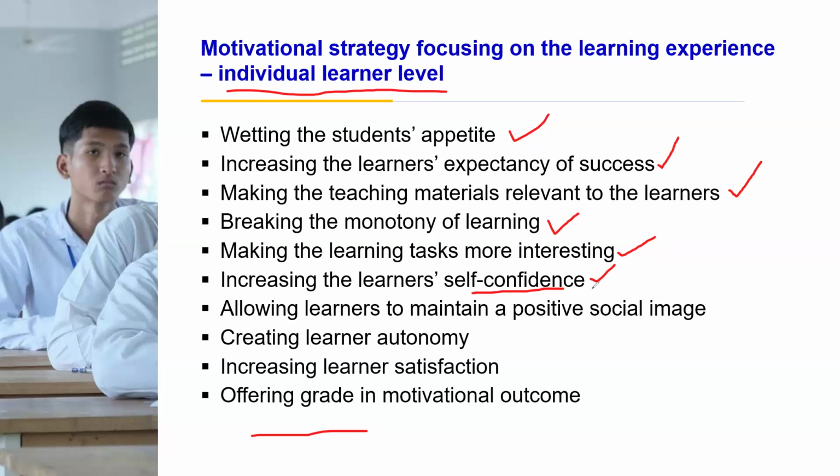The next one is allowing learners to maintain a positive social image. They just mentioned that some students feel shy, some students are not good at socializing, and also some students may have a kind of personal rule or norm in learning, or from their community.